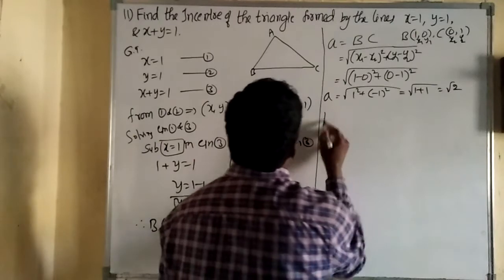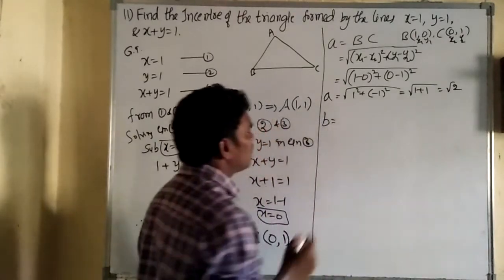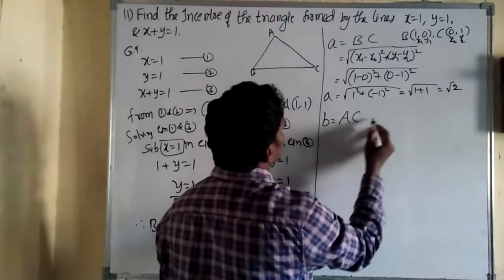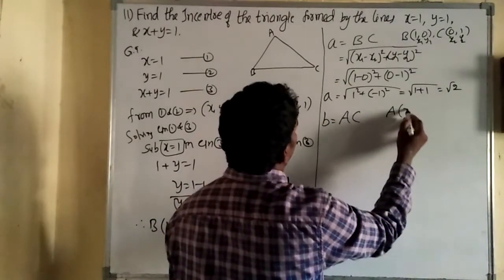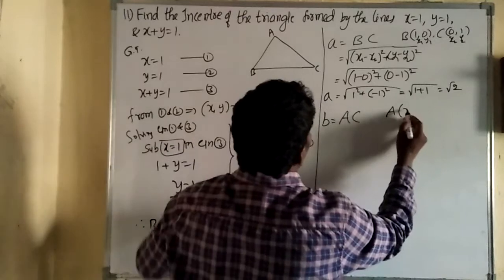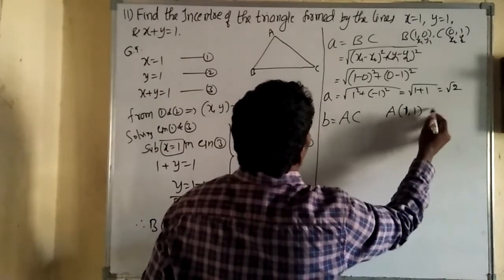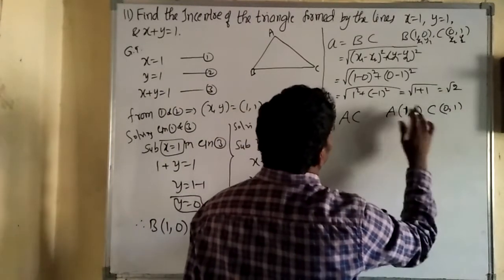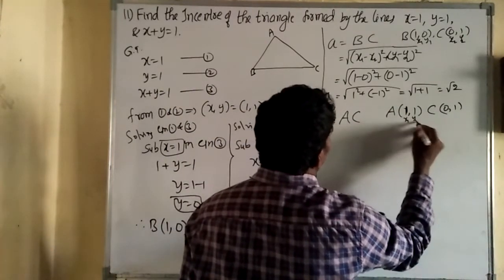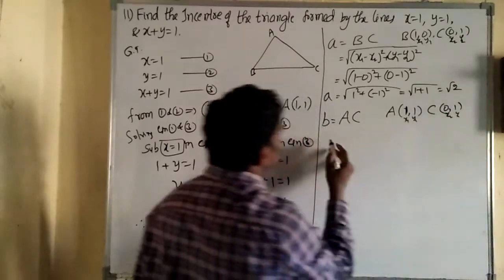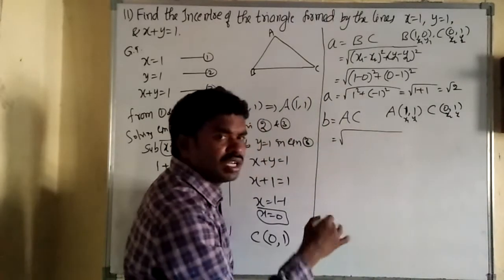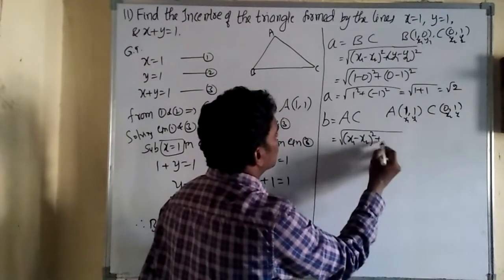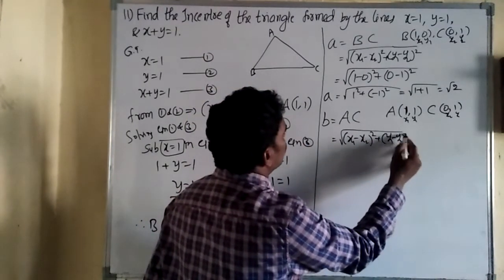So next, small b value. How can we find small b value? Small b means AC, the distance from A and C. So A is 1 comma 1 and C is 0 comma 1. So this is taken as x1 y1, this is taken as x2 y2. So find the AC. AC means what? Distance formula. Very good. What is that? (x1 minus x2) whole square plus (y1 minus y2) whole square.